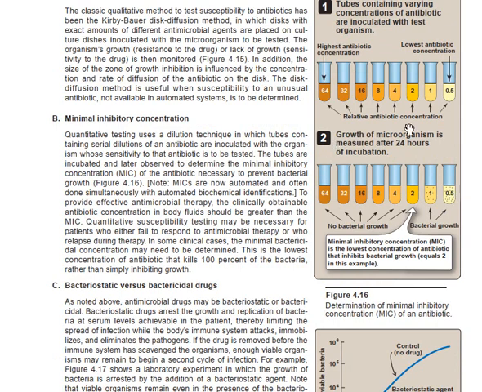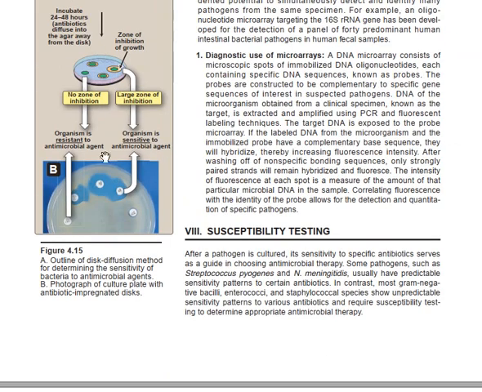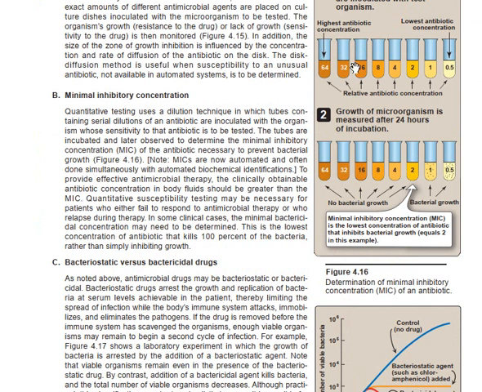So these are the relative antibiotic concentrations. Now you allow growth of the microorganism in a measured 24-hour incubation period. So after testing that, let's say that amoxicillin is the sensitive antibiotic to that organism, you put different concentrations of amoxicillin in a test tube and then you make them culture. Is it clear? So if you see that there is no bacterial growth till 2, it means that 2 is the minimal dosage of amoxicillin that you have to use.